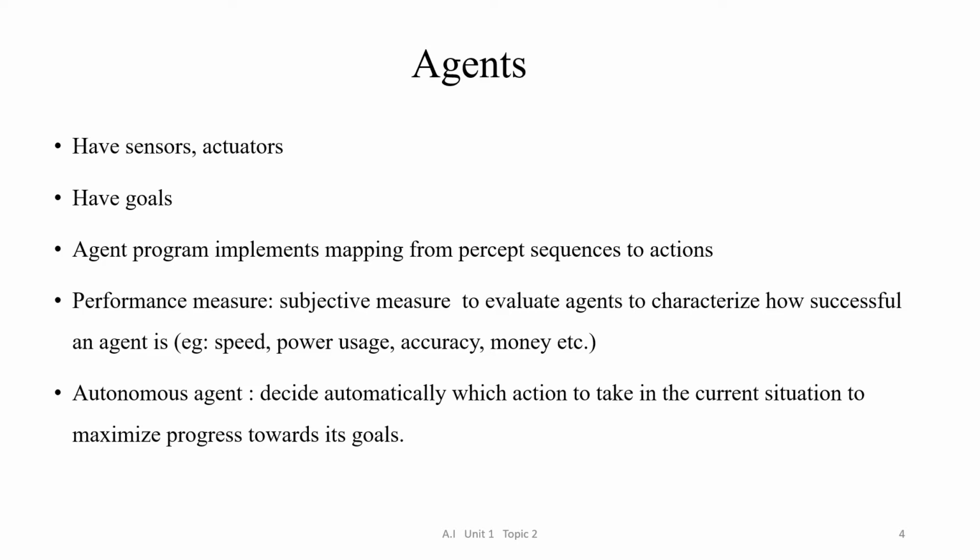For example, they can be measured in the form of speed, power usage, accuracy, money incurred, etc. An autonomous agent decides automatically which actions to take in the current situation to maximize the progress towards its goals.